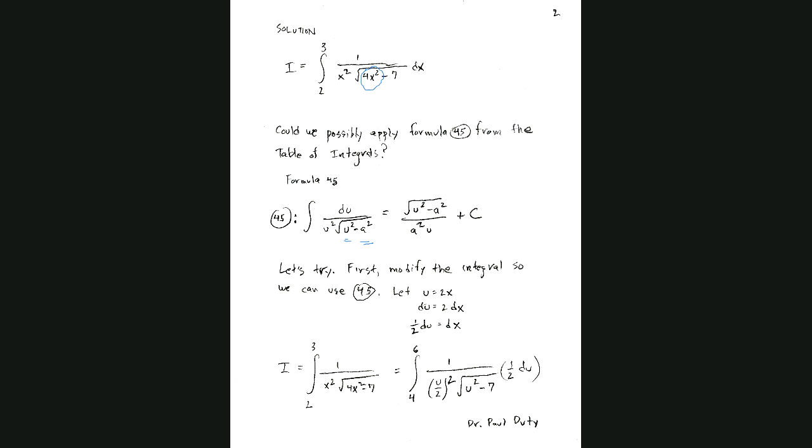Well, 4x squared is the same as 2 times x quantity squared. Hence, you're going to have to let u equal 2x. You're going to have to make a substitution first. The 7 can be thought of as, that's where a squared is. So 7 is going to be the same as root 7 squared. That's how you have to think of it.